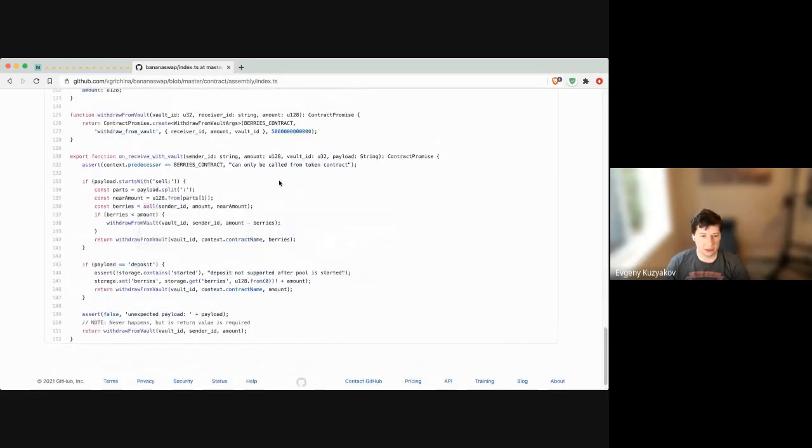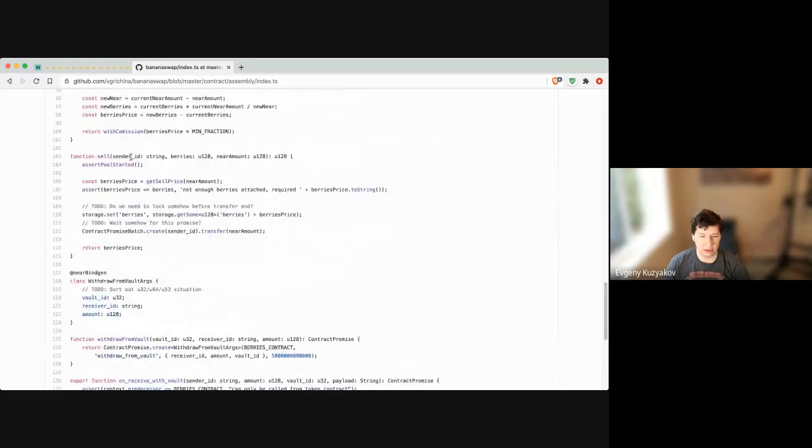So it calls sell. The sell does the following. It takes the sender, berries, near amount. So it computes the berry price, how many berries you need to pay. If you attached fewer berries, then it will fail. Otherwise, it's saying I received so many berries, and here's the near amount that you asked for.